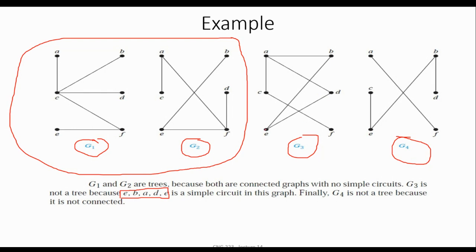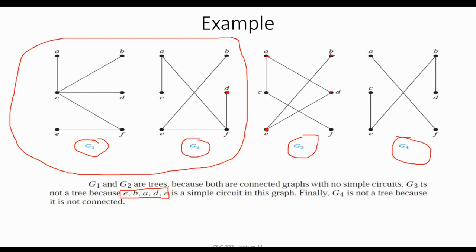You see, from E to B, then B to A, then A to D, then D to A, you will see a circle. It means that from one point, you shouldn't be able to reach the same point again. Like for the previous one, if you consider, for example, D, there is no other path that you can find to reach D again.